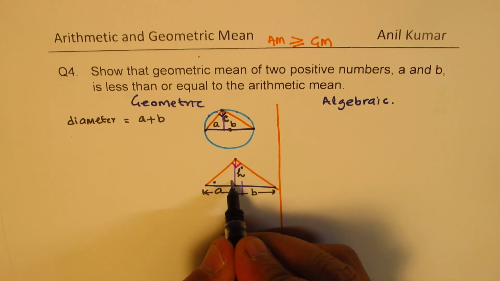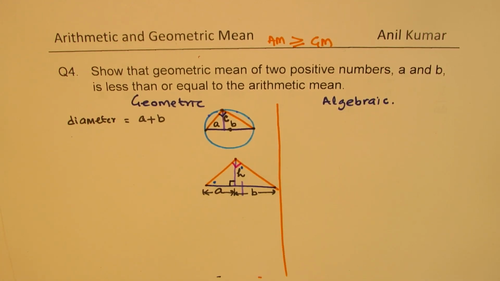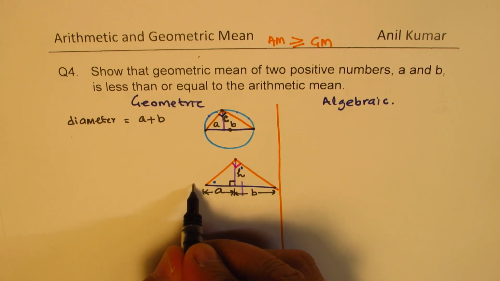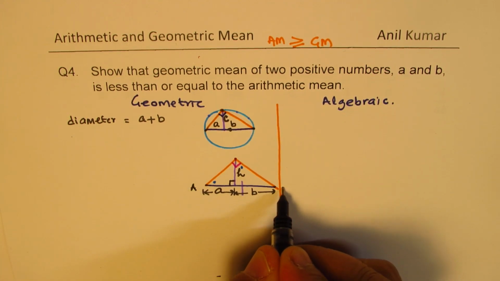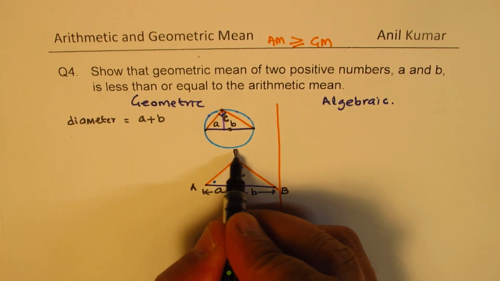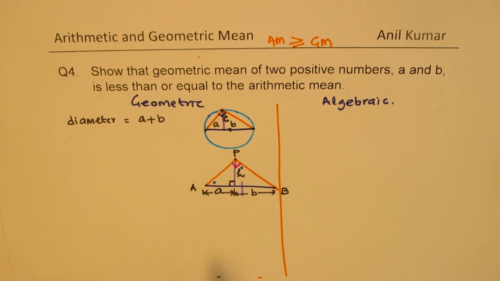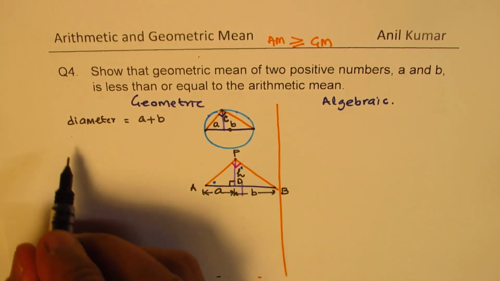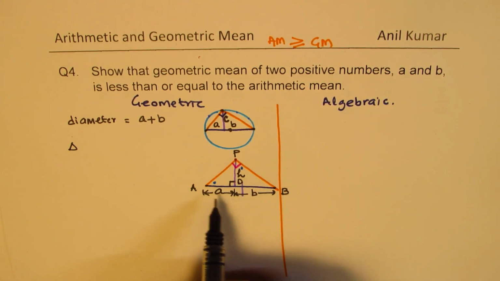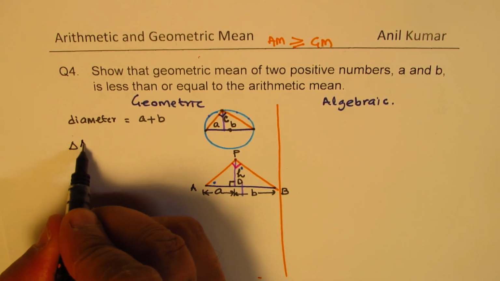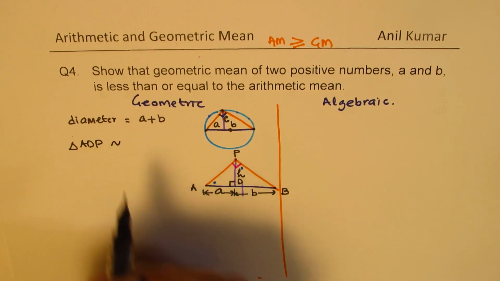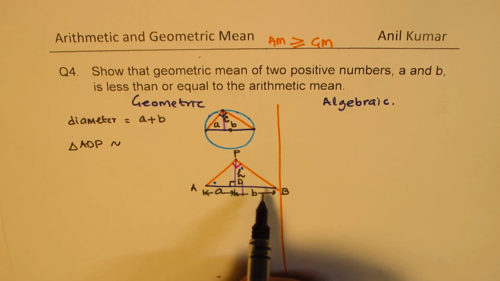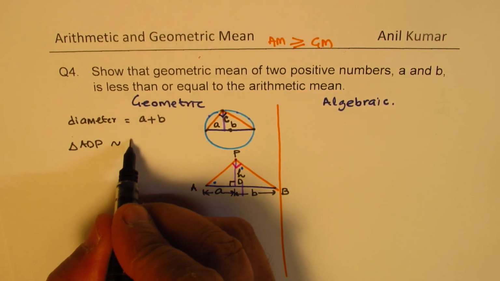So in the given situation, let me label this as AB. Let's say this point is P. The triangle, let's call this point here D, okay. So the triangle ADP is actually similar to triangle PDB.